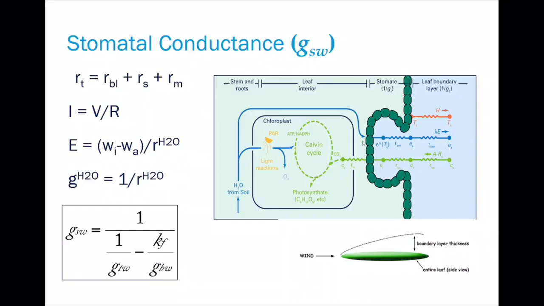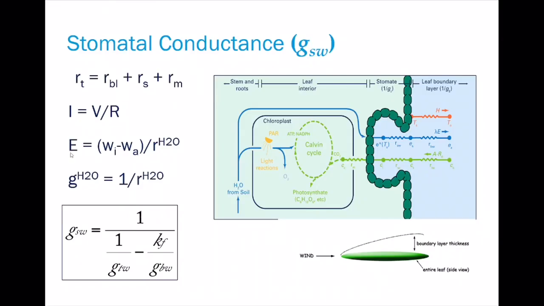And these can be viewed as resistances to the flow of water. So we can see that here. Total resistance is equal to boundary layer, stomatal, and in the case of CO2, we would also have mesophyll resistance.